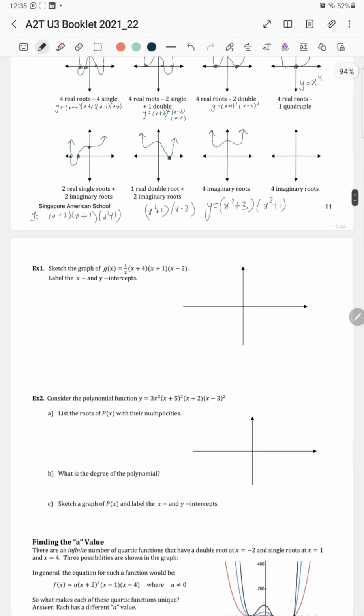Sketch the graph of g of x equals 1 by 2 times (x plus 4)(x plus 1)(x minus 2). So it would be x is equal to negative 4, x is equal to negative 1, x is equal to plus 2. We need to check that it's 1 by 2, so it's increasing trend, positive.